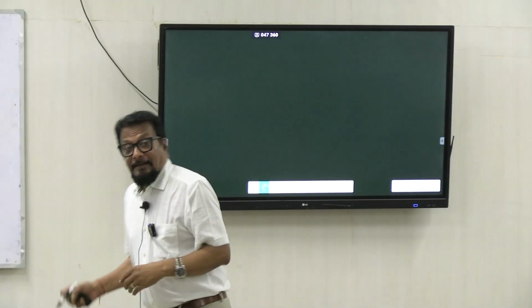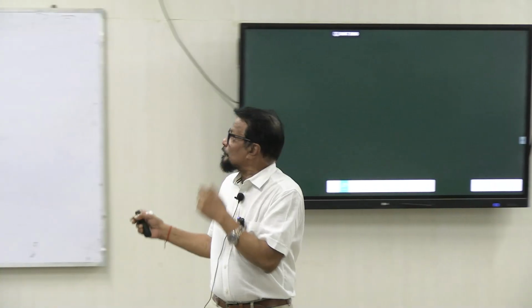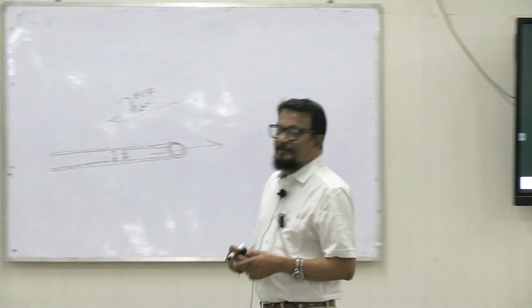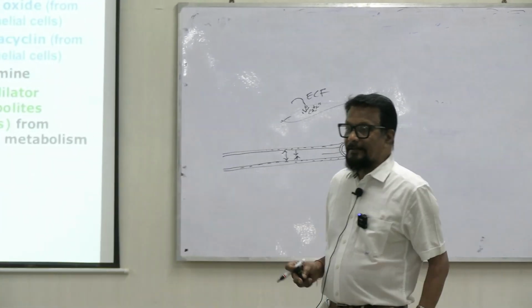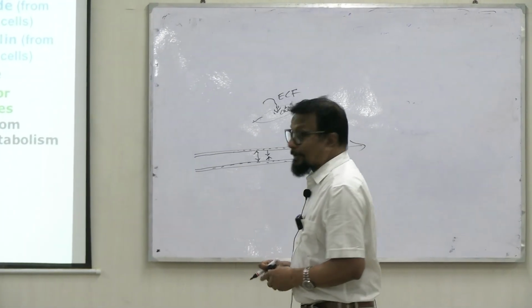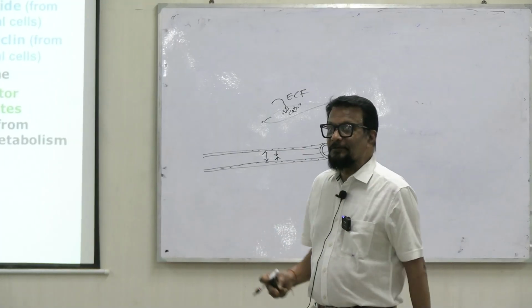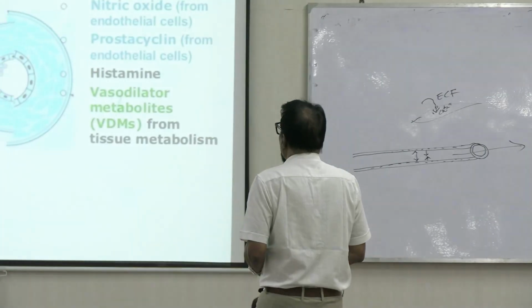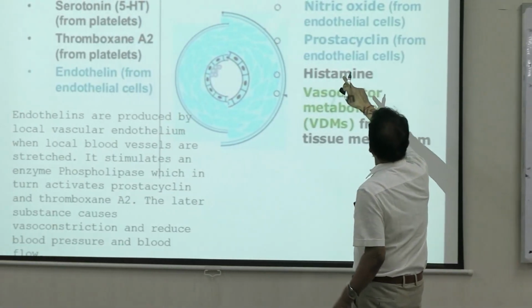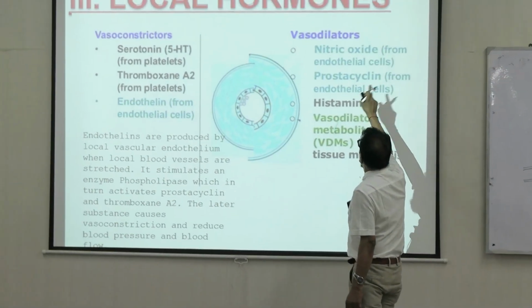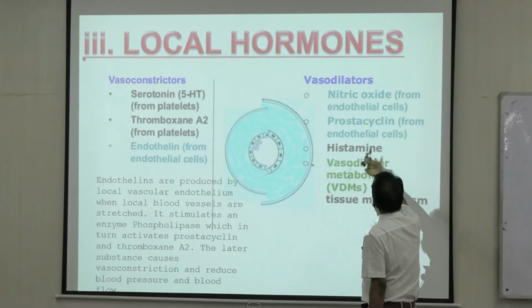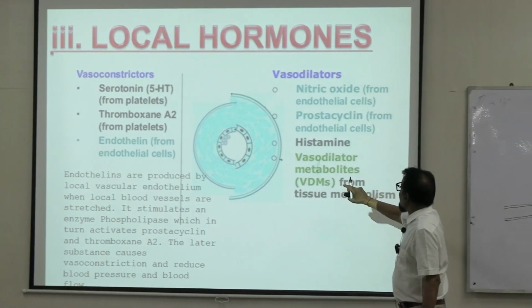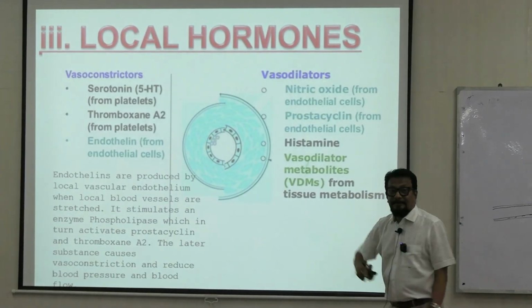And there are also vasodilators. Nitric oxide is a very good vasodilator, also produced from the endothelial cells. Prostacyclin from endothelial cells, histamine, and vasodilator metabolites act as vasodilators.